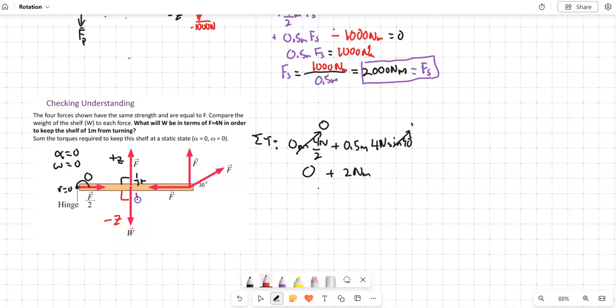It's located at the 0.5 meter mark. The name of the force is W, and this is sine of 90 degrees, which is equal to 1. So that is going to be a negative, again, this is 0.5 meters, so this is going to be a negative 0.5 meters times W times 1.